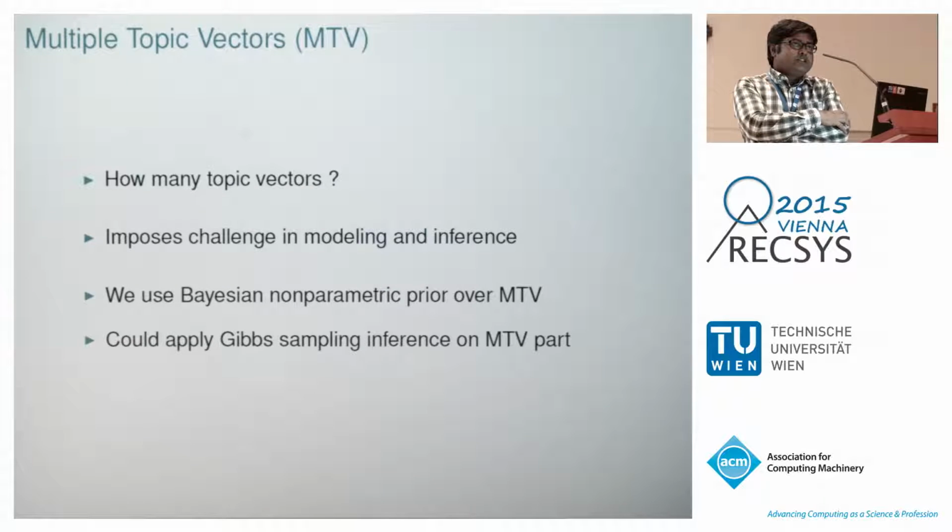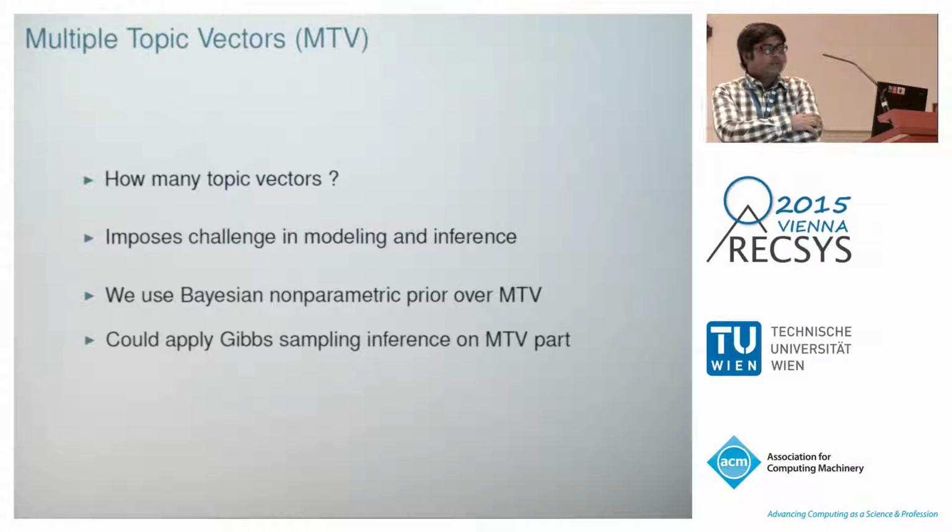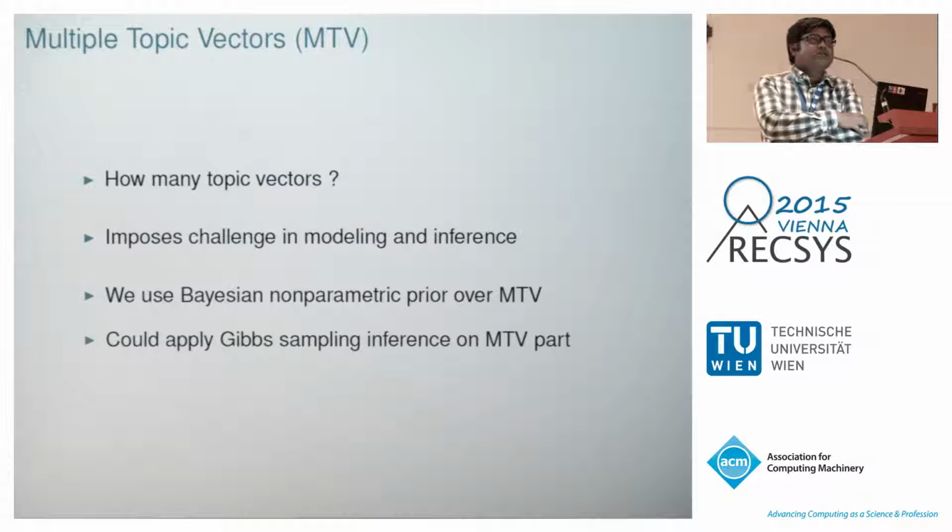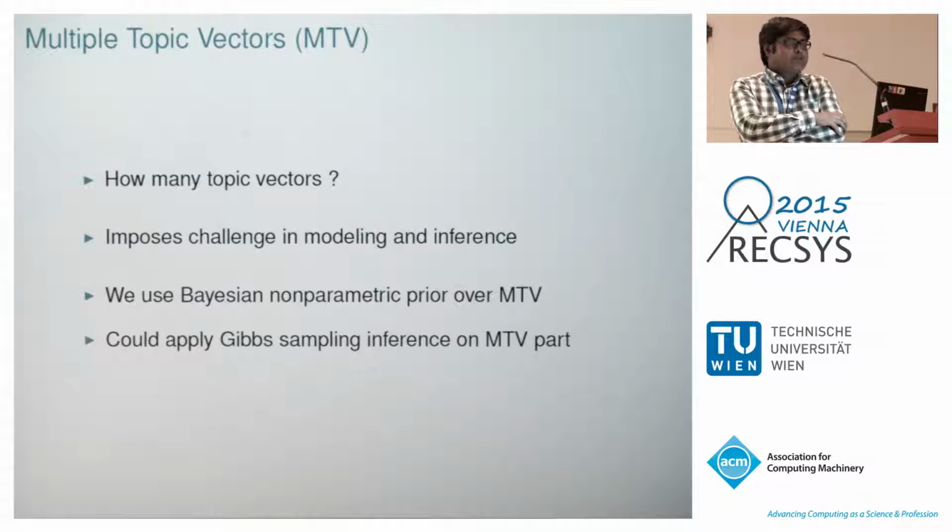So this imposes a challenge in modeling this idea, and in how we use an efficient inference method to compute these scores. What we did is we used a Bayesian non-parametric prior over these topic vectors. I do not talk about the details here, please look into the paper. The elegance of that method is that we could derive an efficient collapsed Gibbs sampling inference, which is as efficient as using a single topic vector. So that makes it very suitable in our scenario.